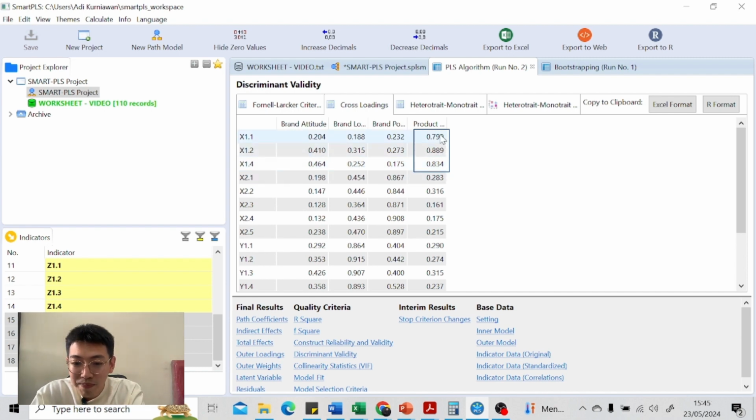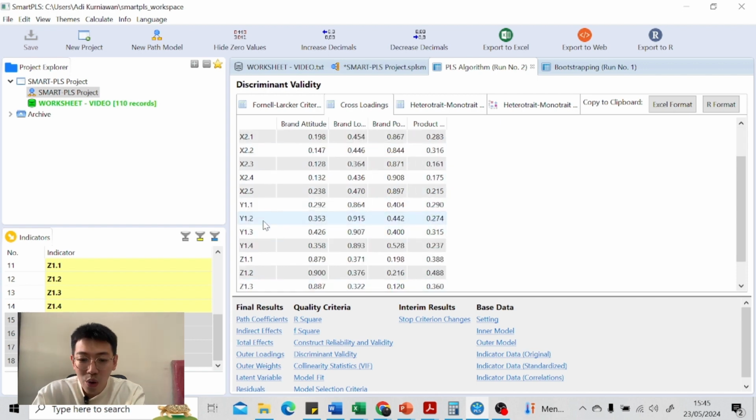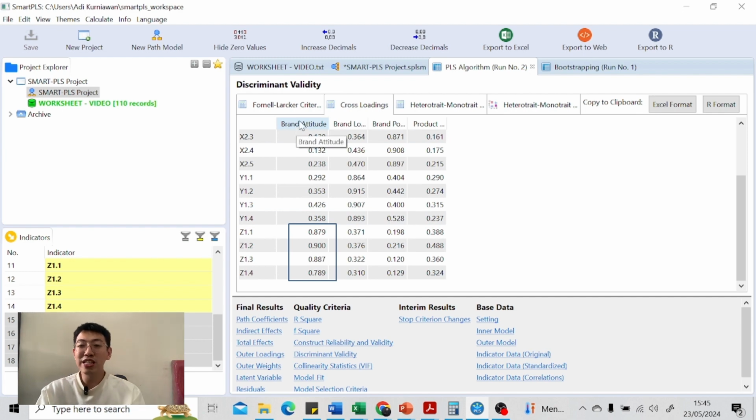You can see here, these three numbers are the highest compared to the values below. x2.1 up to x2.5 represent brand positioning. Therefore, it should be the highest compared to the other indicators. y1.1 up to y1.4 represent brand loyalty. It is the highest compared to the other. c1.1 up to c1.4 represent brand attitude. It is the highest compared to the other values. Therefore, the discriminant validity using cross-loading is fulfilled.